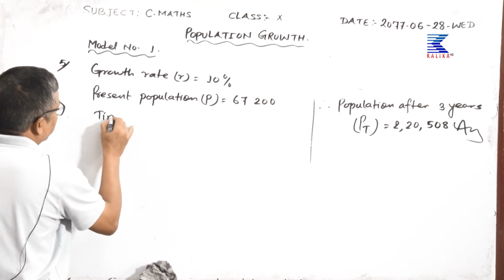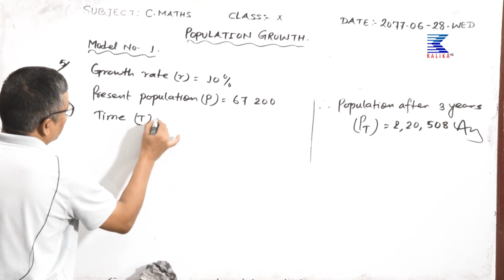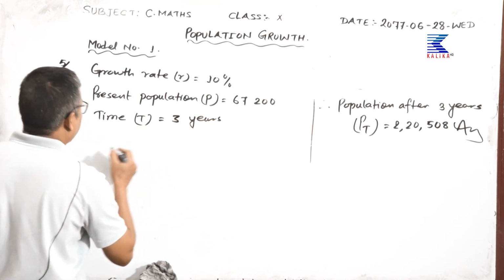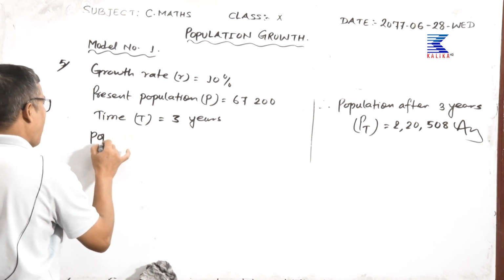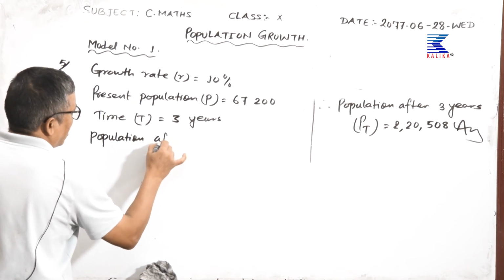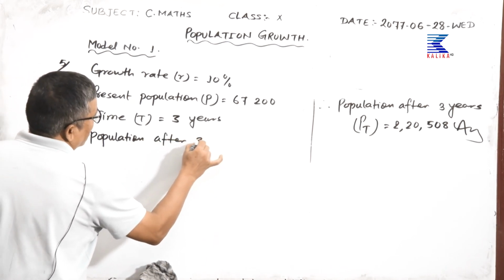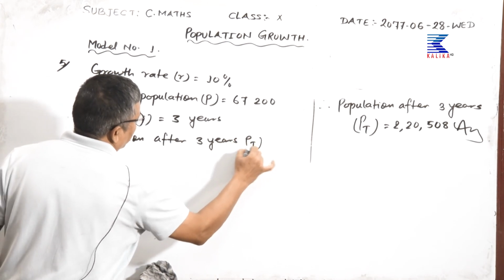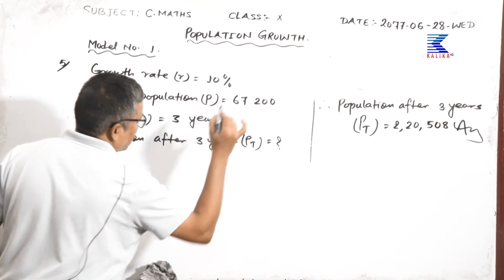Time t is equal to 3 years. Population after 3 years, Pt is equal to what?